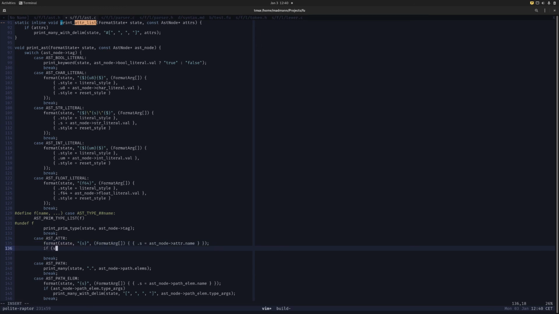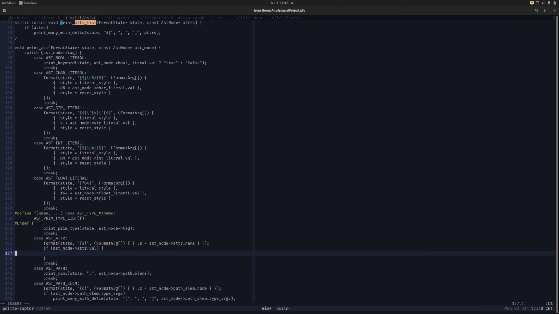And then there's the value. So if there's a value, it should be AST node.adder.value. Remember, there's two cases. Either it's the list of attributes or it's the actual value as a literal.